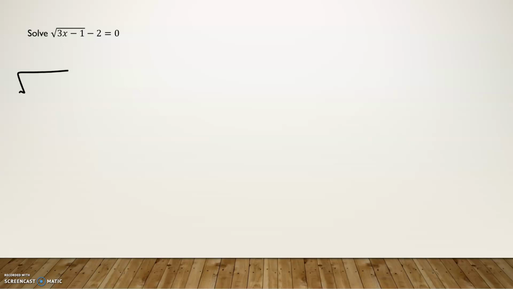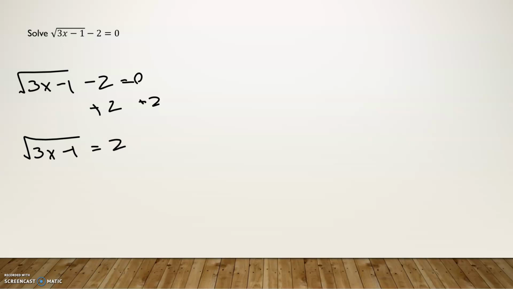So the square root of 3x minus 1, minus 2, equals 0. I'm going to isolate our square root by moving that 2 over. So the square root of 3x minus 1 is equal to 2. Okay, so then what I'm going to do is square both sides.